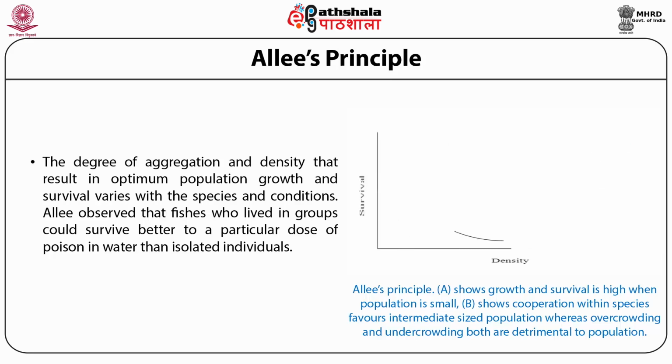Allee observed that fishes who lived in groups could survive better to a particular dose of poison in water than isolated individuals. The mucus and other secretions aided in counteracting the poison, indicating some group action type of mechanism.